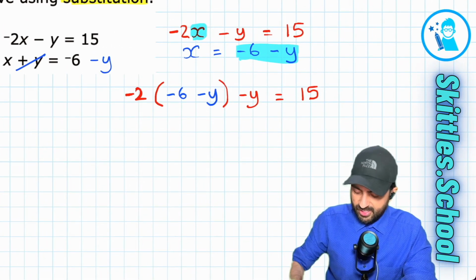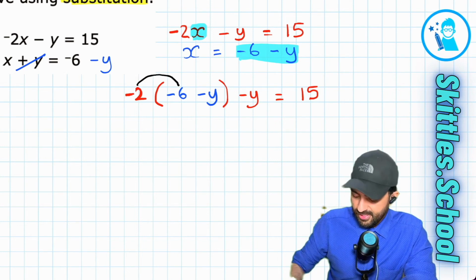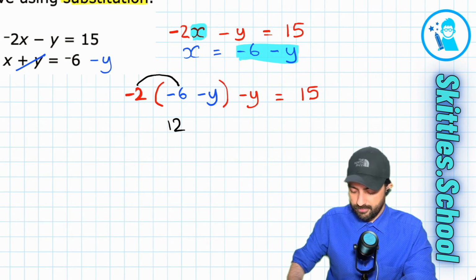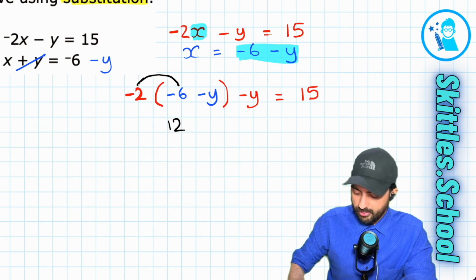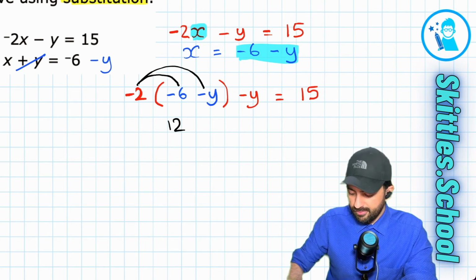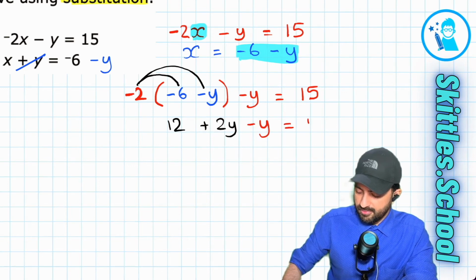So let's first expand the brackets. -2 times -6 is +12, or just 12. And -2 times -y is +2y. Then we still have the -y, and we still have the equals 15.